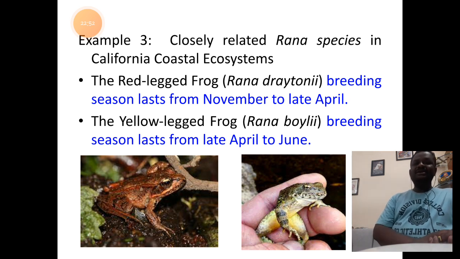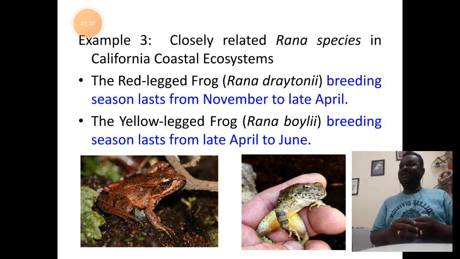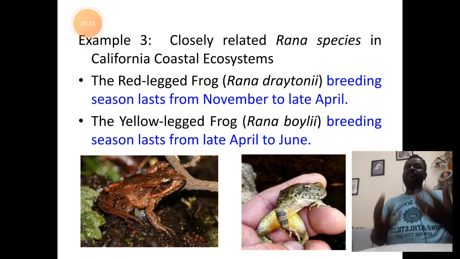The third example is the Rana species of California, the red-legged frog and the yellow-legged frog. Rana draytonii breeds from November to late April, whereas the red-legged frog, Rana boylii, breeds from late April to June. So they get no chance of mating at all.